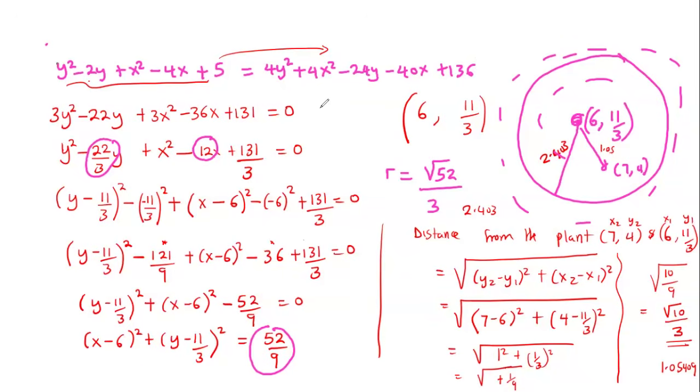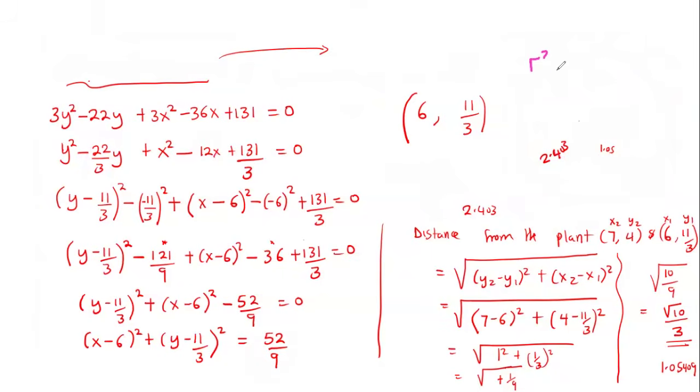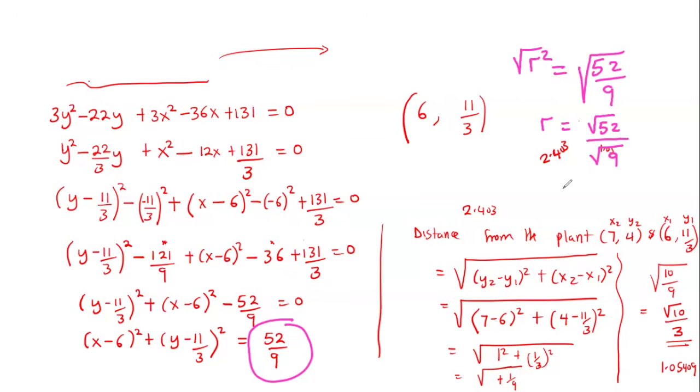When you go back to the standard equation of a circle, it gives r squared, which is equal to this side, 52 over 9. So to get your radius r, you take a square root, so r becomes root of 52 over root of 9. Root of 52 is not exact, so that's why I leave it. Root of 9 is 3.